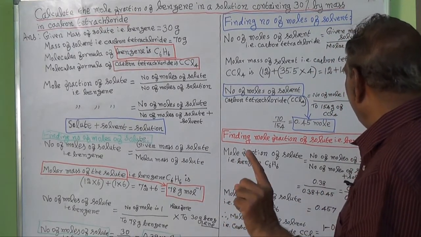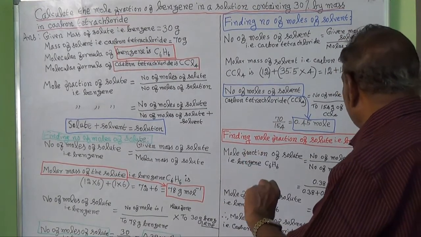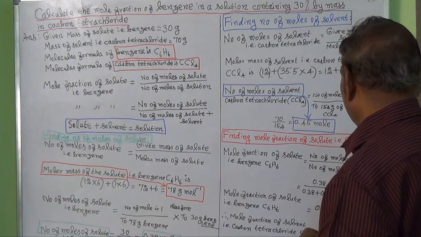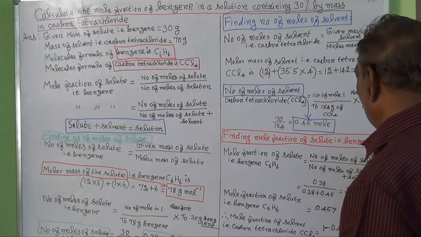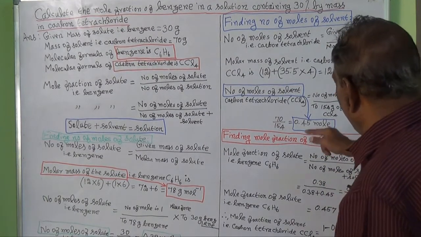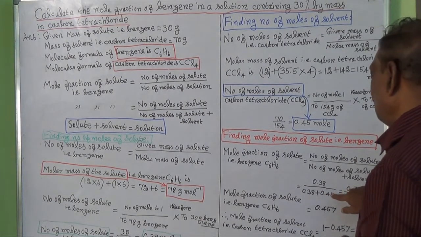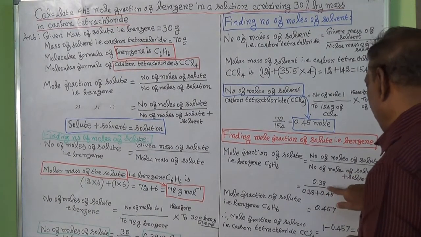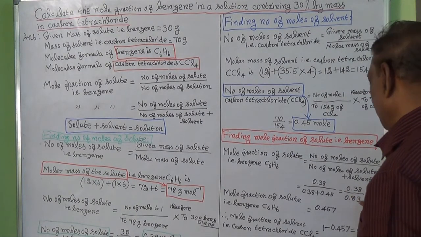The number of moles of the solvent is calculated as 0.45. So if we substitute 0.38 and 0.45, we will get 0.38 by 0.83.